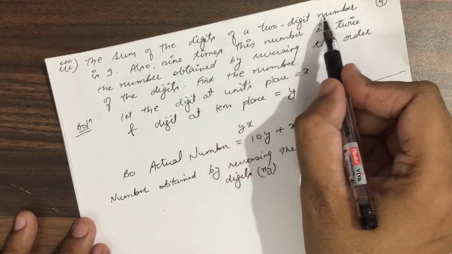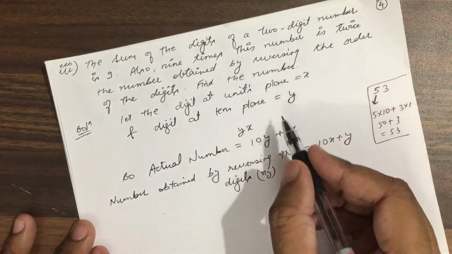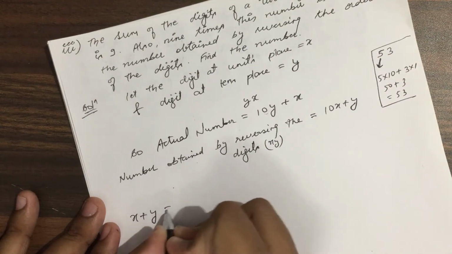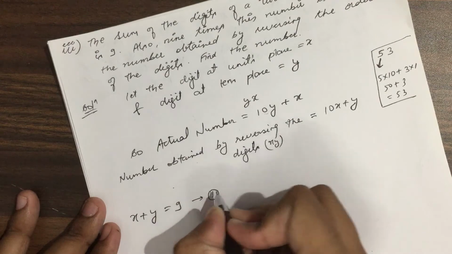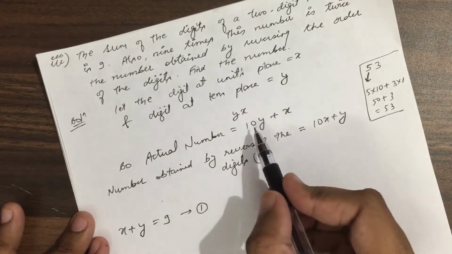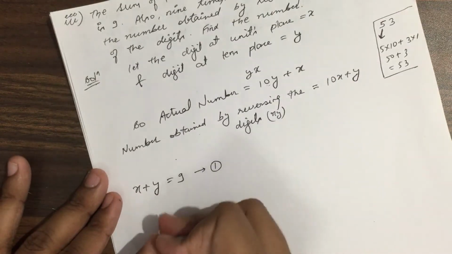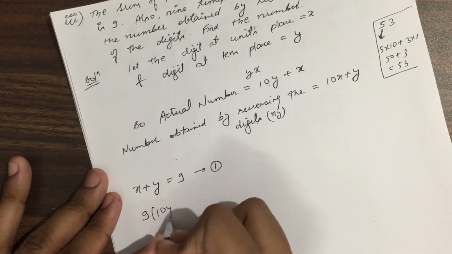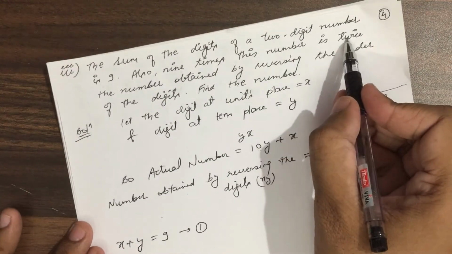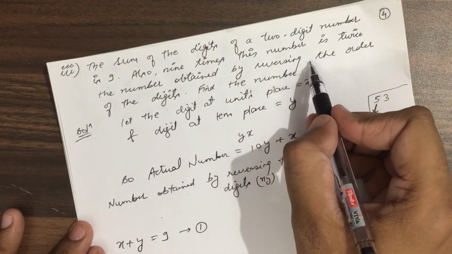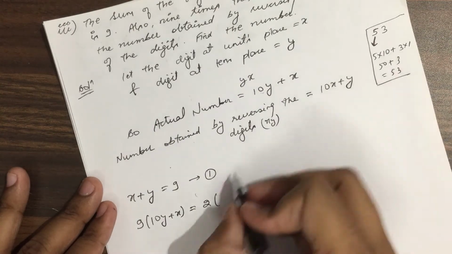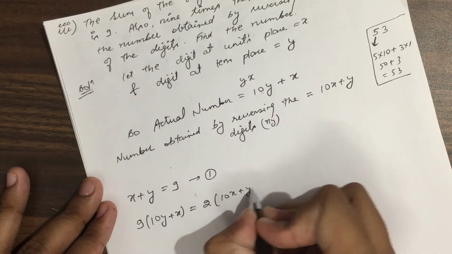Sum of the digits of a 2-digit number is 9. Digits are x and y. So their sum is 9. So this is your equation 1. Also 9 times this number, original number, 9 times actual number is twice the number obtained by reversing the order of digits. Twice the number obtained by reversing the order of digits means 10x plus y.